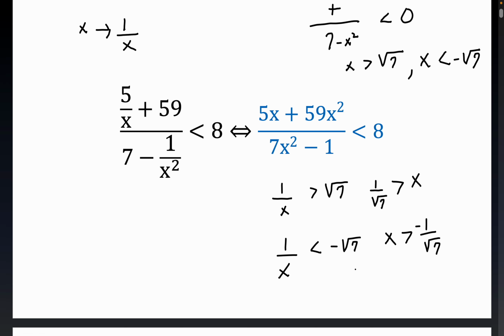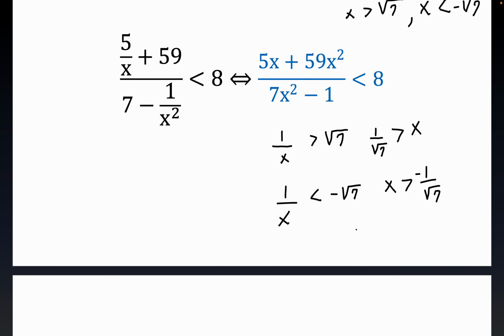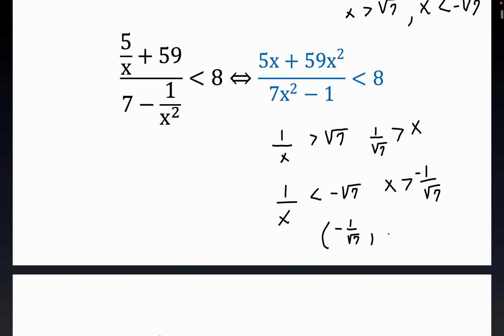So this leads to the fact that the solution has to be a conjunction, I guess you would call it. And so you would write your solution interval like this: minus 1 over root 7. You're greater than minus 1 over root 7, but you're less than 1 over root 7, right?